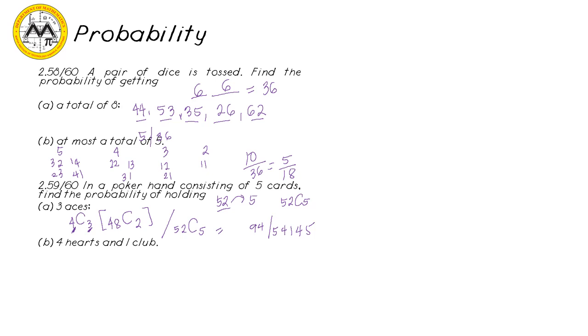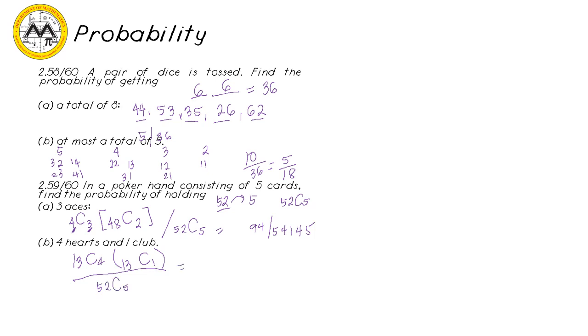How about 4 hearts and 1 club? How many hearts does a standard deck have? 13. So from 13, we choose 4 rather, and from 13 clubs, we choose 1, divided by 52 combination 5.